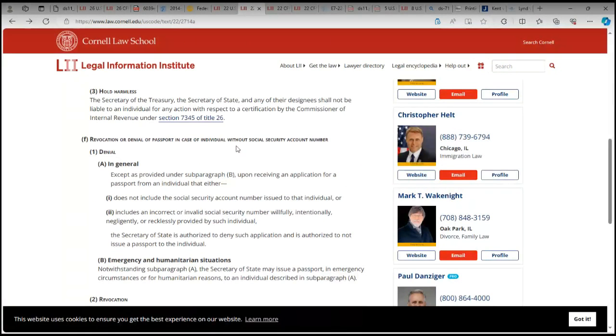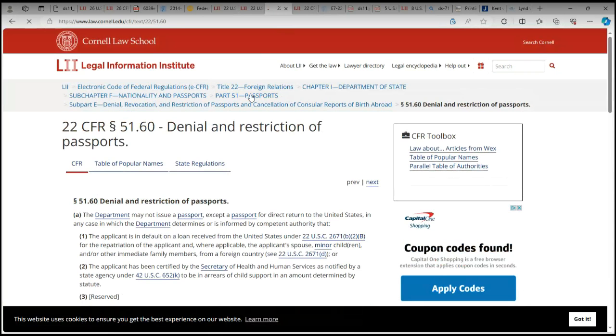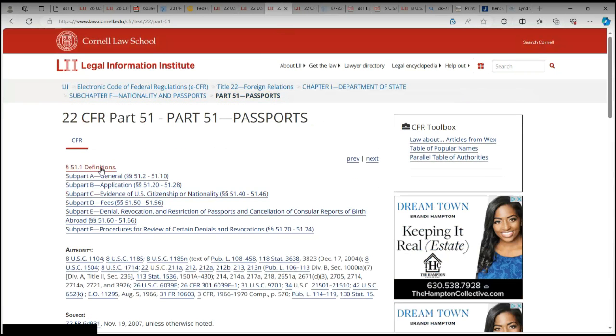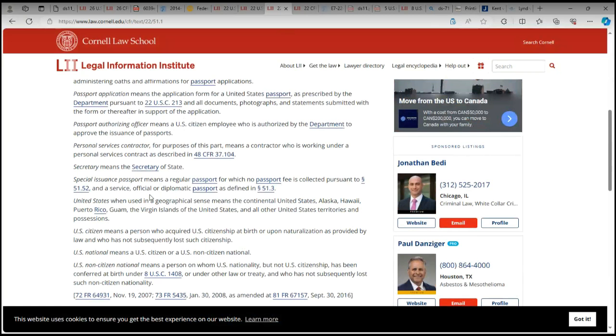All I'm trying to do is give you the information for you to determine how this information is in conflict with what you already believe in. I can't change that, nor am I trying to. I don't got the time or the patience for that. And these are the definitions. 22 CFR 51.1.